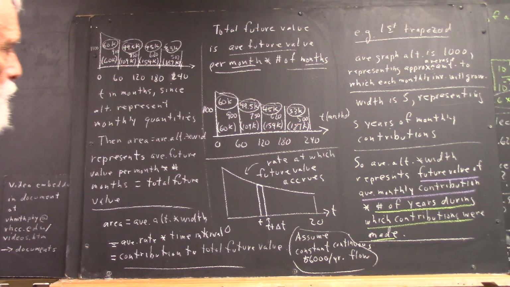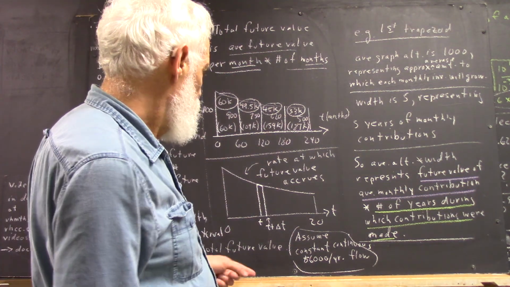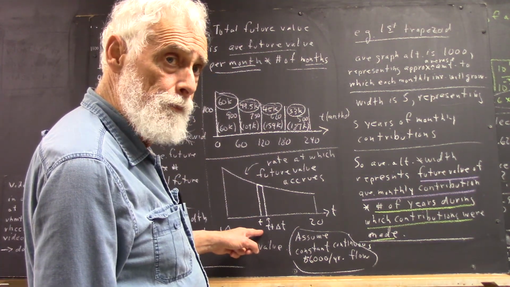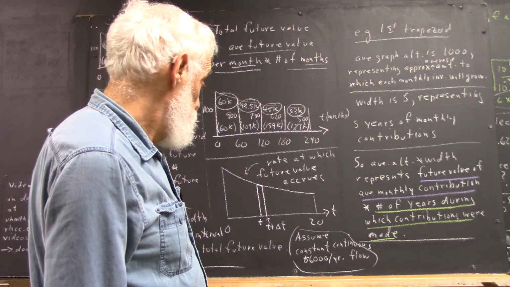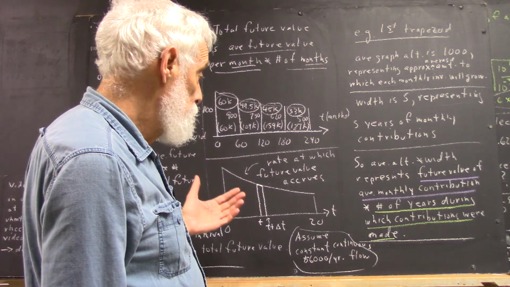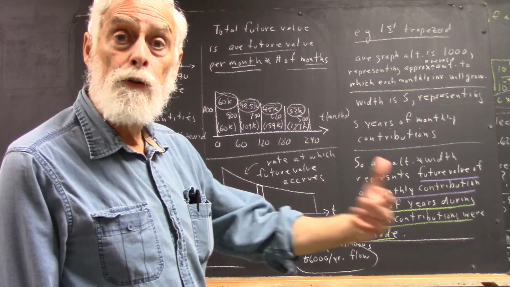Okay. Then we ask ourselves, well, for a typical interval here, how much money flows in? And then for a typical interval, how long does it have to accumulate?